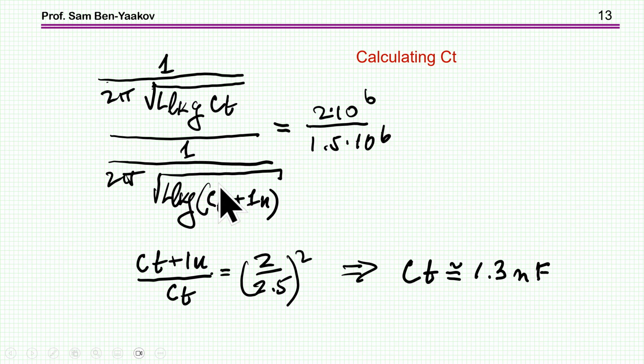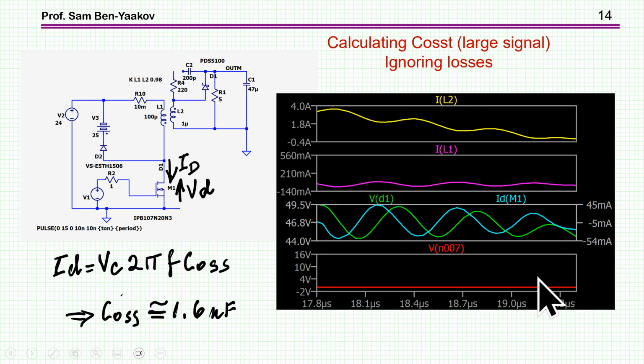And from these two sets of equations, I can get C sub t, the total capacitance, which comes to be 1.3 nanofarad.